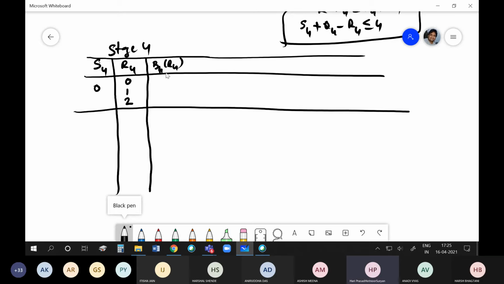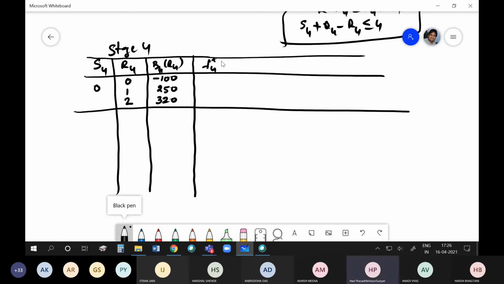If I don't release, the benefit is minus 100. That means I am losing. If I release 1, I get a benefit of 250, and if I release 2 units, it is 320. So now what should I do?